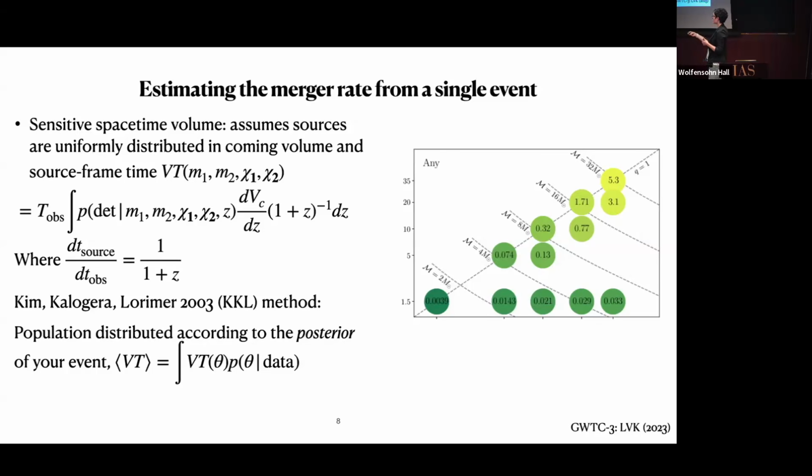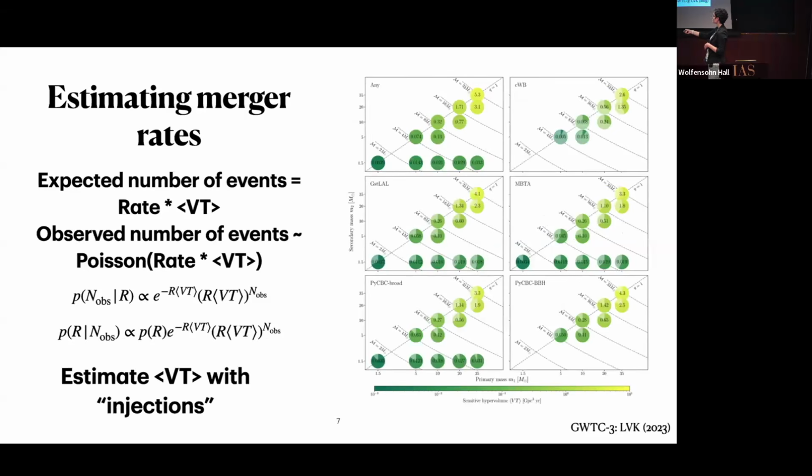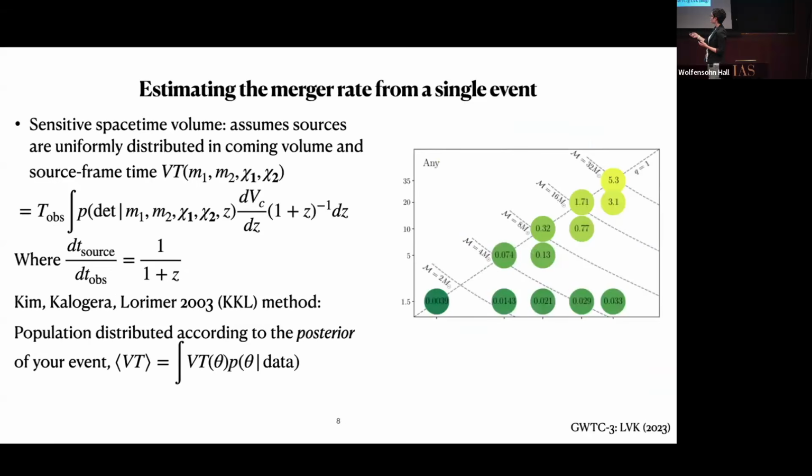So then you just have this as your VT, and you use this previous expression to estimate the rate given this VT. So yeah, this is not really a realistic assumption because we don't have a population of sources distributed according to the posterior of your event. This is just something that you do when you only have one event.